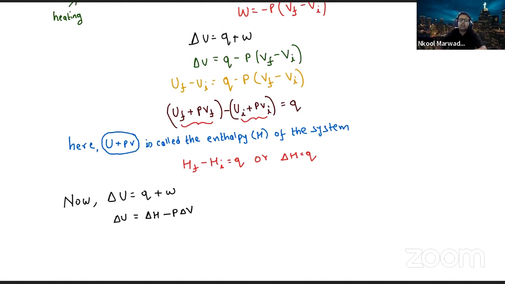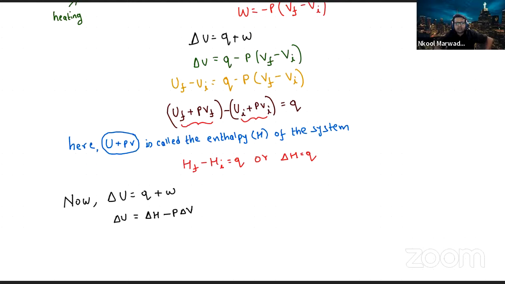This equation is applicable only for constant pressure. Whatever thermodynamic process we are doing, if we are maintaining the pressure constant, then only we have to apply this. Otherwise, it is not applicable.